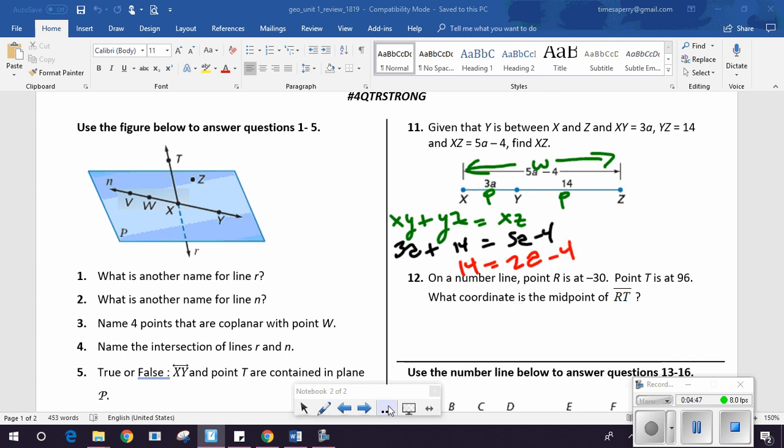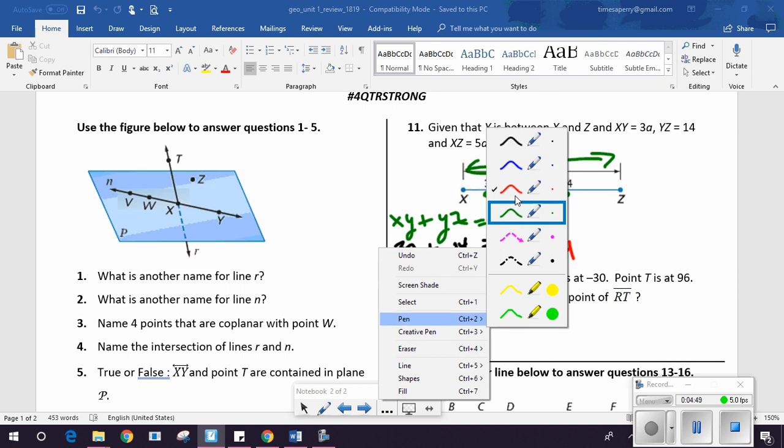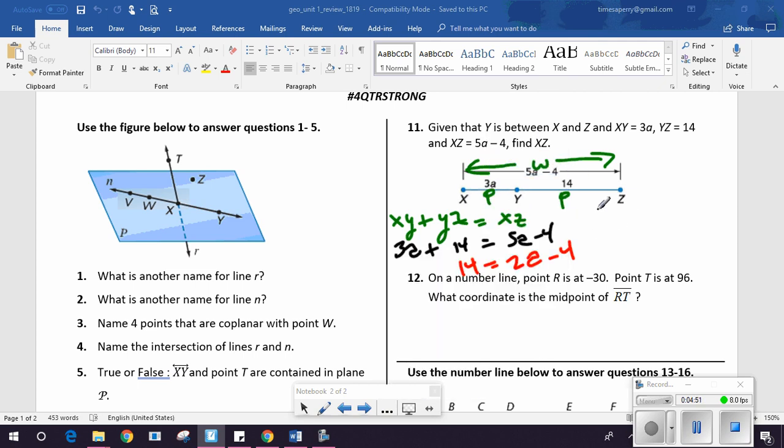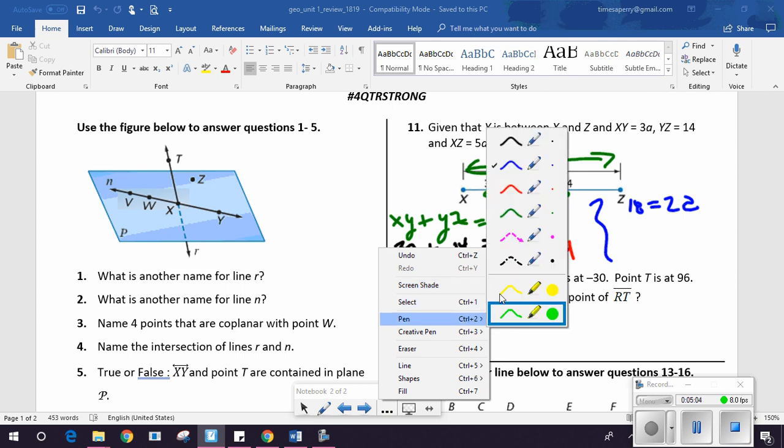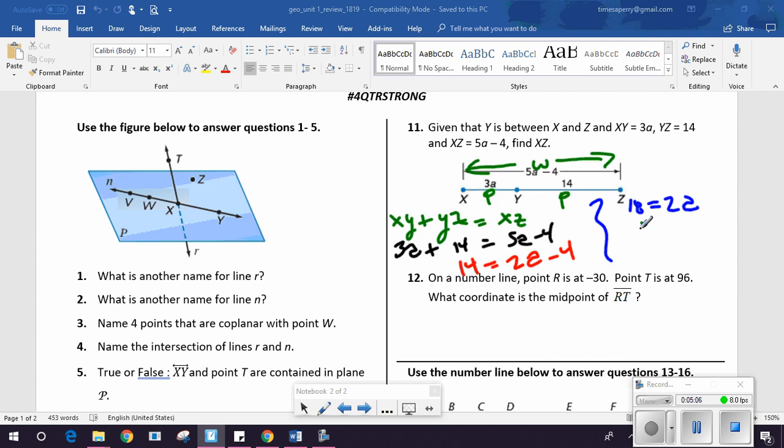Then I would add 4 to both sides, which would give me 18 is equal to 2a. Then divide both sides by 2, and you would get 9 is equal to a.